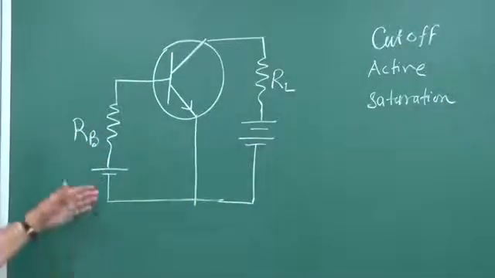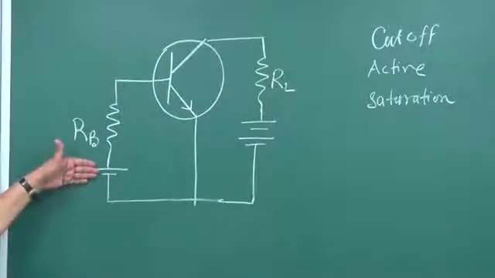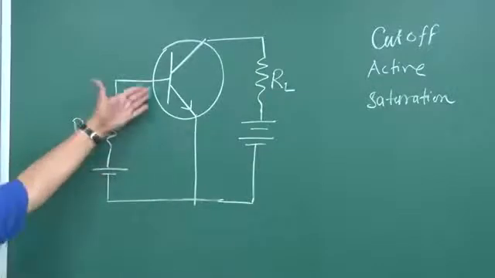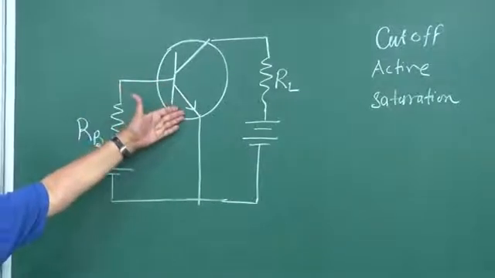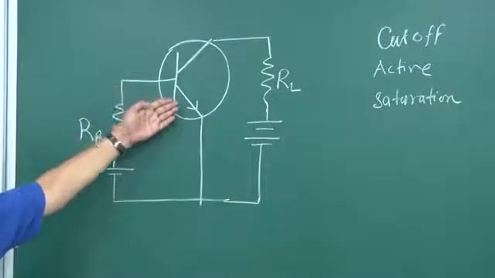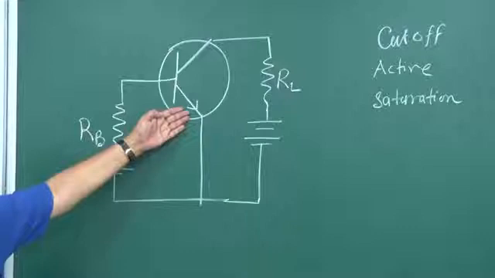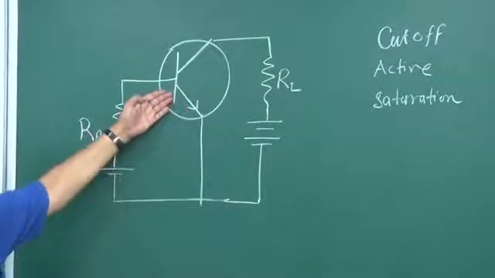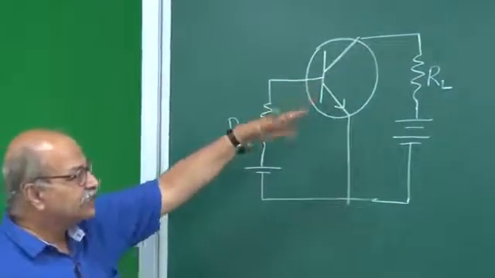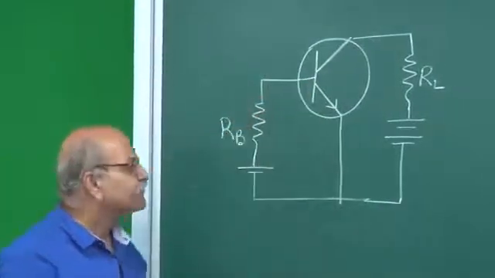Cutoff means this biasing voltage here in the base circuit is very small, or there is no biasing, so that this base emitter junction is not forward biased or not sufficiently forward biased. In that case, there is no injection of charge carriers from the emitter to the base, and therefore no current anywhere, and that is cutoff. It looks trivial, but yes, it is important.